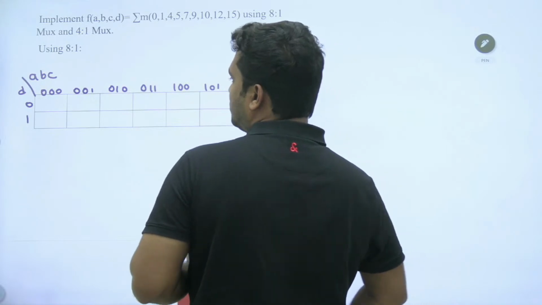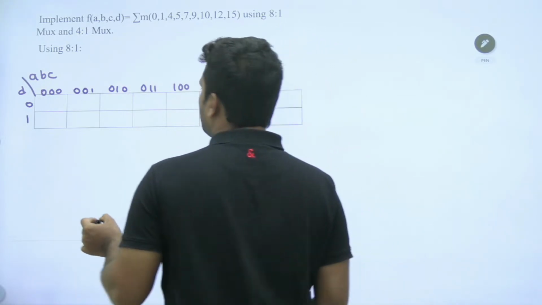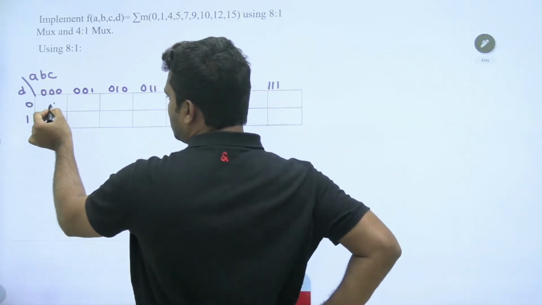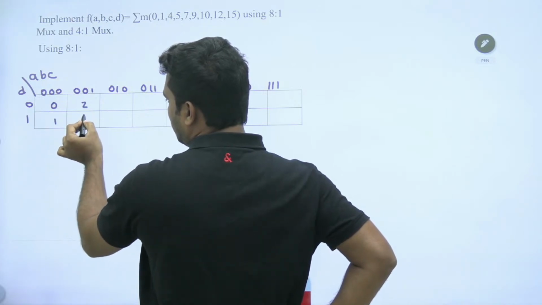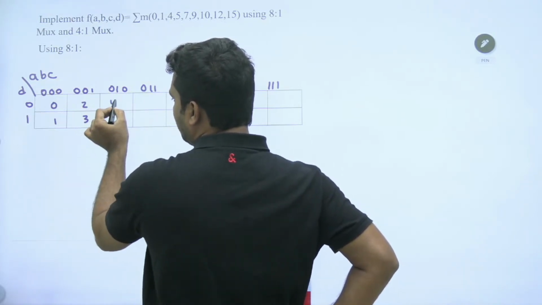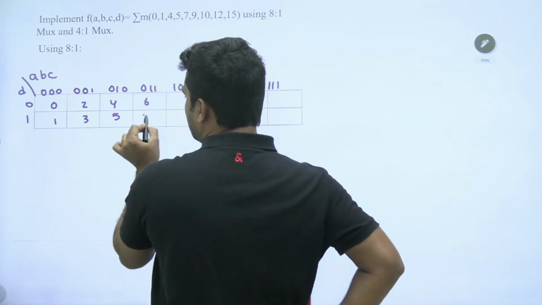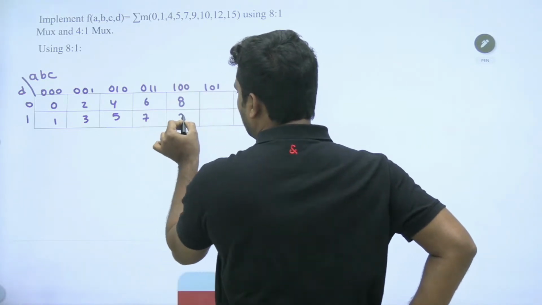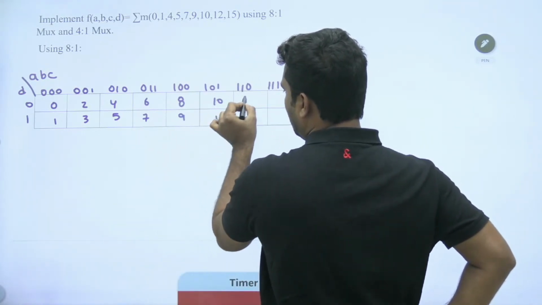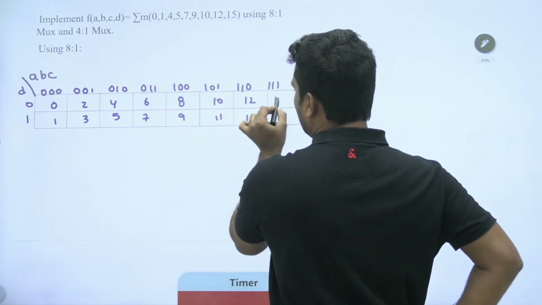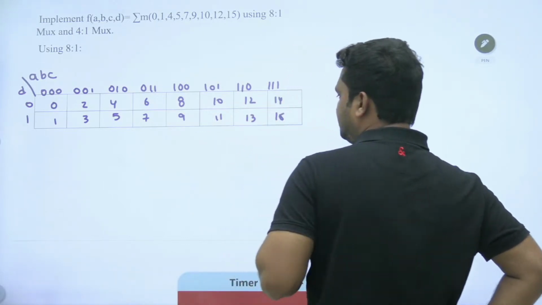Okay. So here, this box 0, 0, 0, 0 is 0. 1, 2, 3, 4, 5, 6, 7, 8, 9, 10, 11, 12, 13, 14, 15.